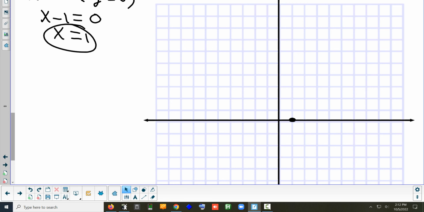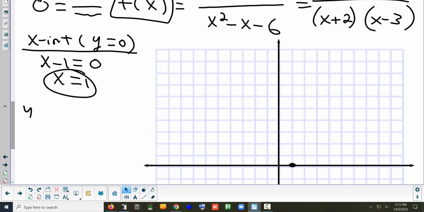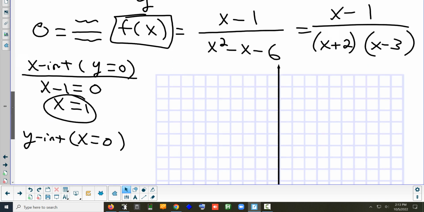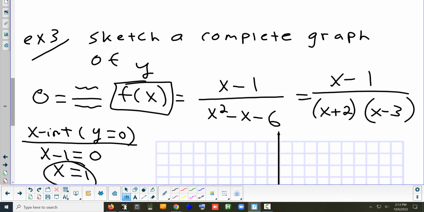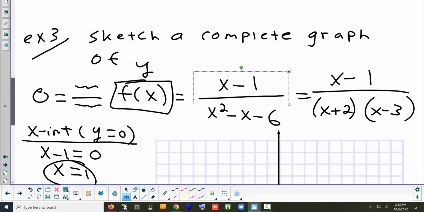Is that enough to graph it? No, we need a lot more. But at least we have that. Okay, so we got the x-intercept. Let's do the y-intercept. What number do you plug in to find the y-intercept? Plug in 0 again. For which letter? So that's the difference. So let x equal 0. If you plug 0 into the top, what's 0 minus 1? So we get negative 1 over.